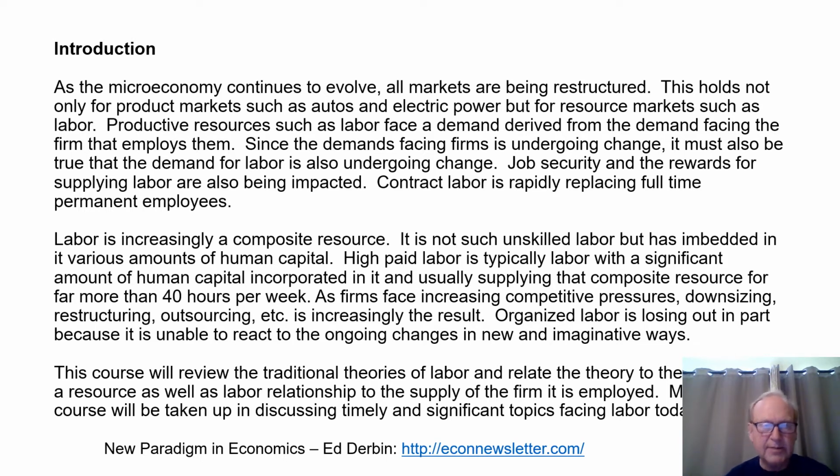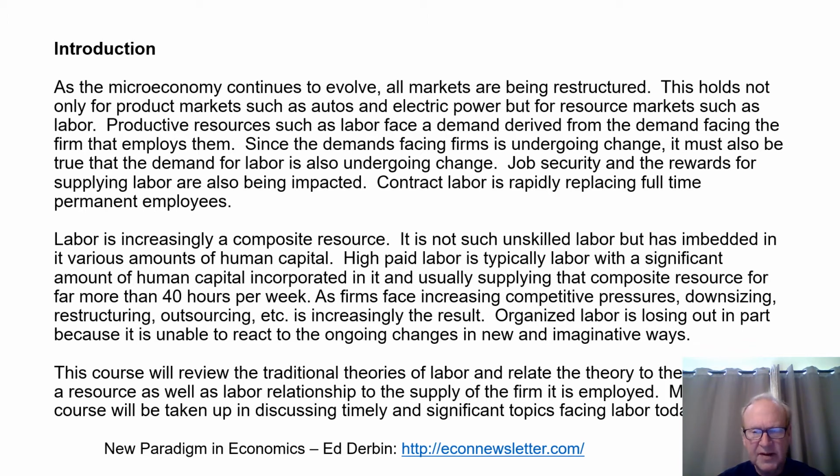Another concept of labor has to do with the human capital side, meaning how much capital, financial or physical, is embedded in that labor. Human capital is kind of the composite term for that. Here's a quick example. Look at a farmer 150 years ago versus a farmer today.